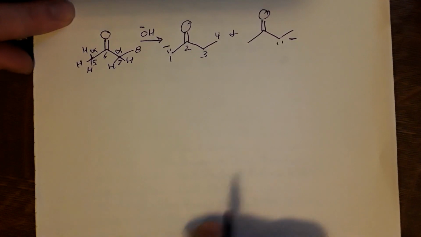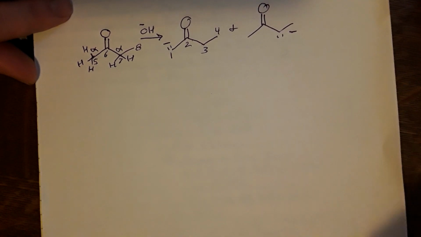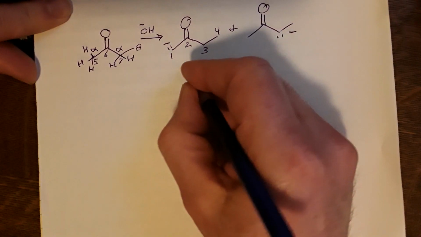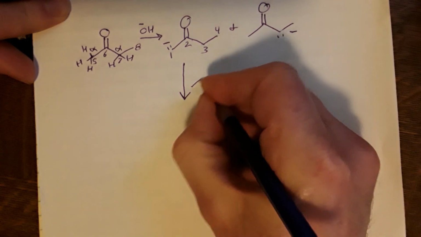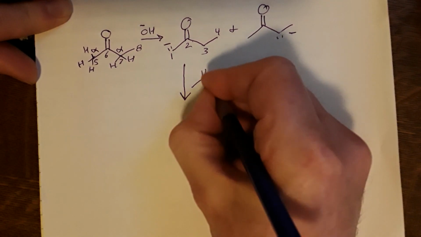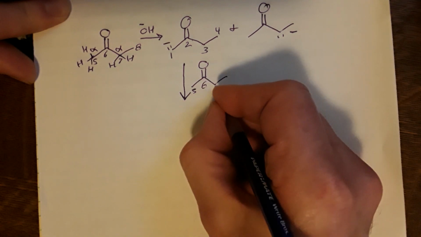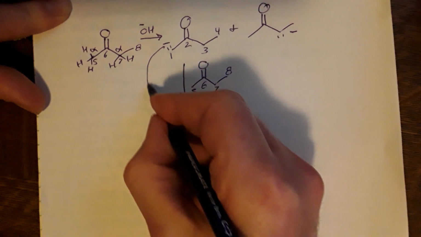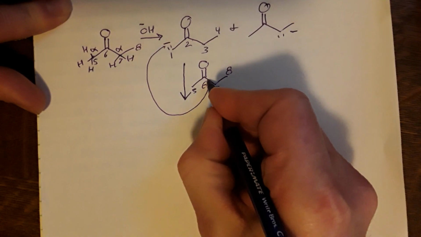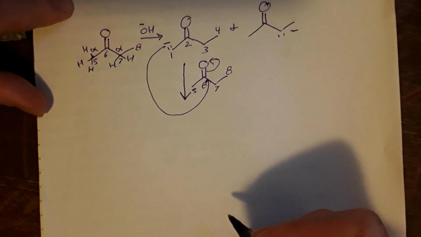Okay, so we're moving this up here so we have a better chance of staying on the page as time passes. And if we're going to react this first enolate then with 5, 6, 7, 8, our original ketone, then we are coming in, 1 is forming a bond to 6.